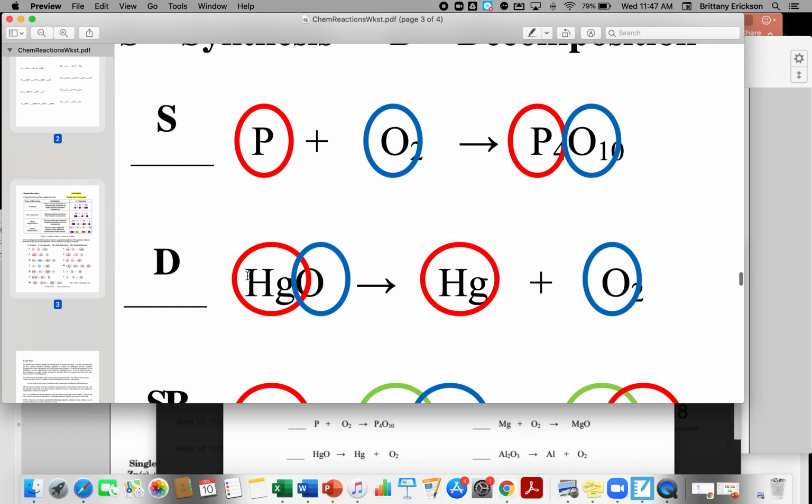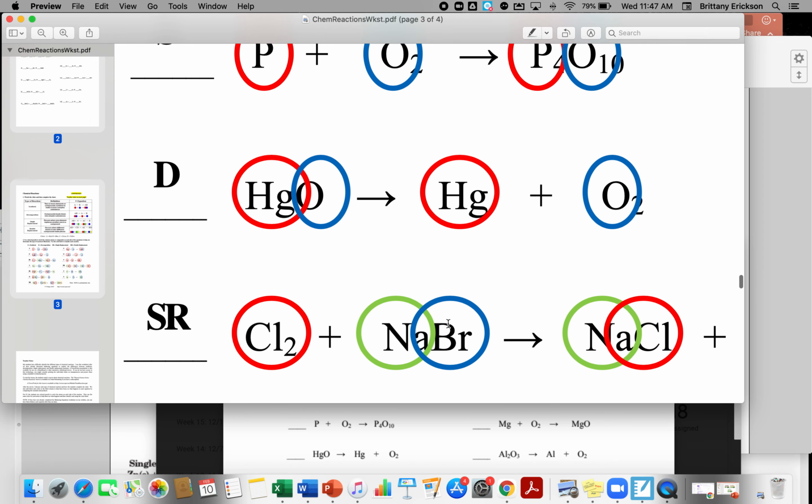For the second one, we have mercury oxide, and it breaks down into mercury and oxygen. So A, B together breaks down into A plus B, so that's a decomp. For that single replacement reaction, here's A, okay, there's B, or you can do B here, and then there's C, but whatever. So we have A plus BC, if we want to say that.